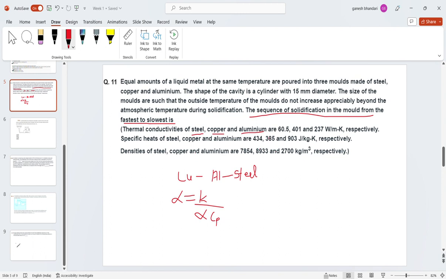K, alpha, and density are already given, so you can calculate your alpha. All these three things affect it, and then you can find copper, aluminum, steel. So it is easy. We'll move to the next problem.